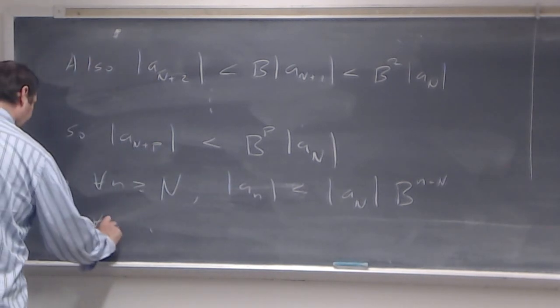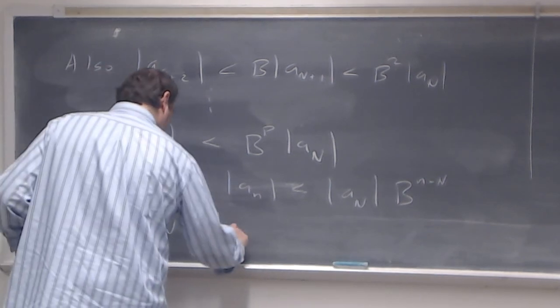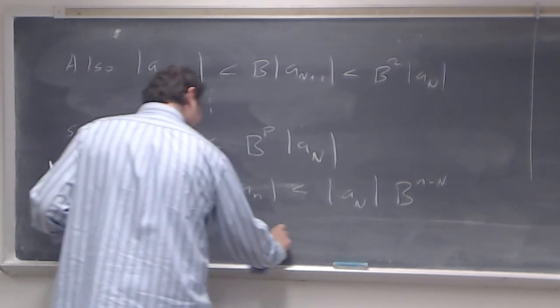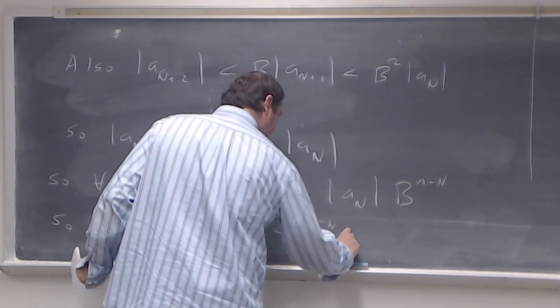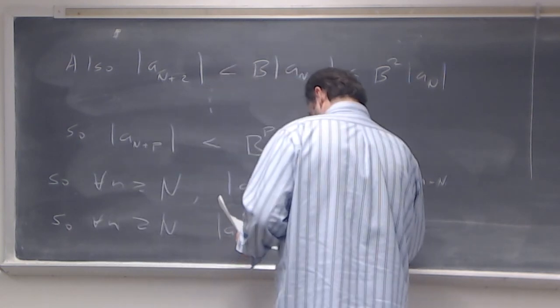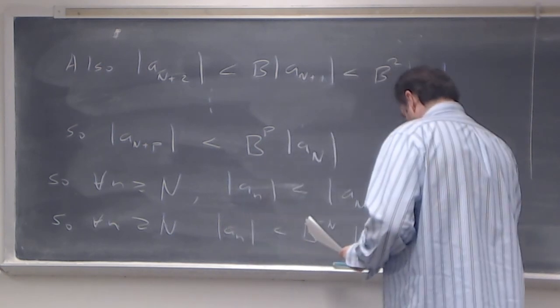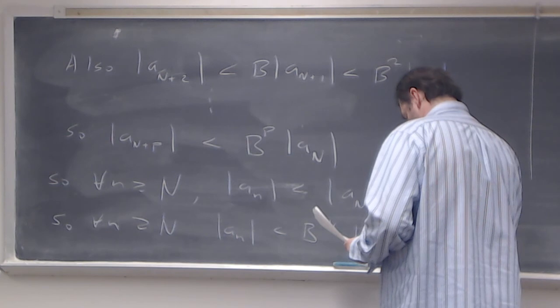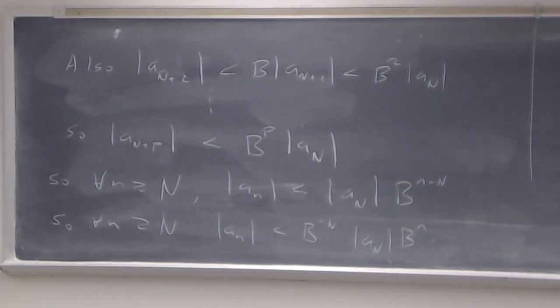So for all n bigger than or equal to this big N, the absolute value of a sub n is less than, here we write this as b to the minus big N, times the absolute value of a sub big N, times b raised to the little n. That's using rules of exponents.